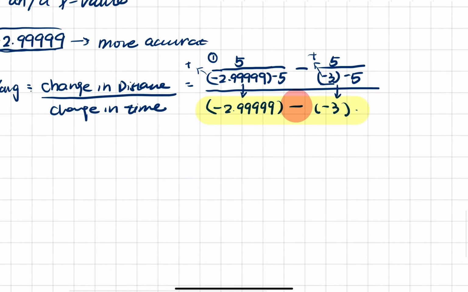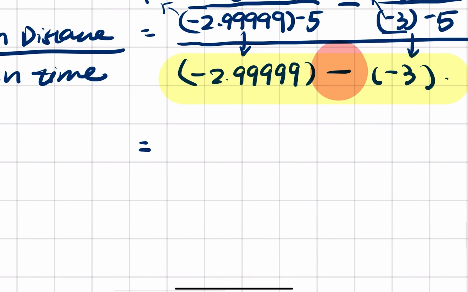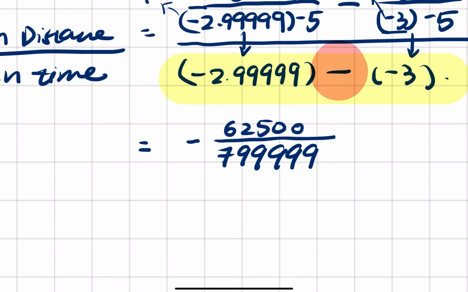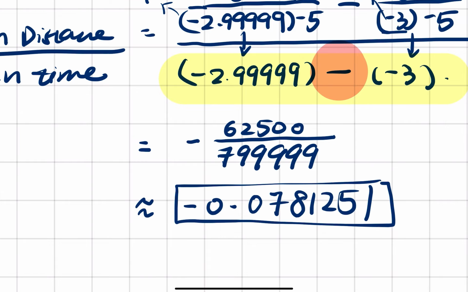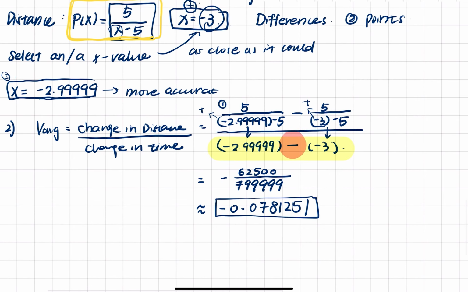Next, I am just going to put the whole equation into my calculator, and this is what the calculator tells me. It equals negative 62500 over 79999, which approximates to negative 0.078121, which is very close to our actual answer.